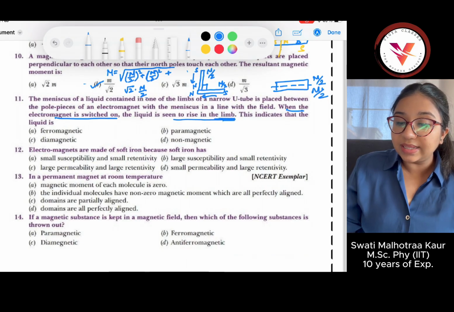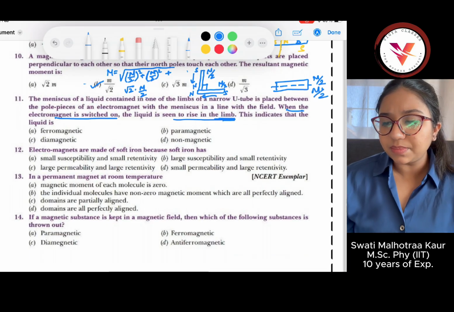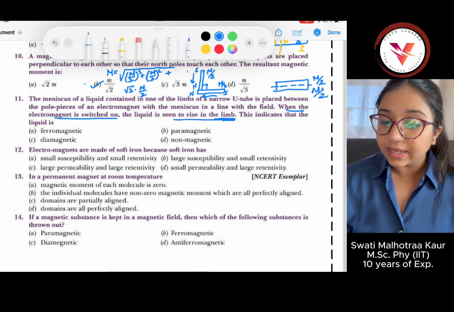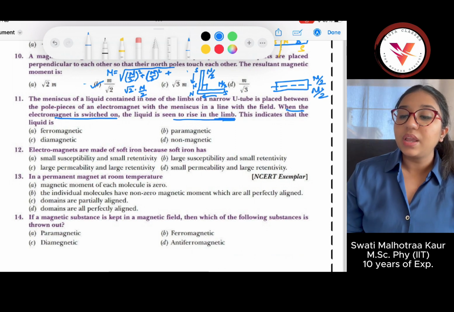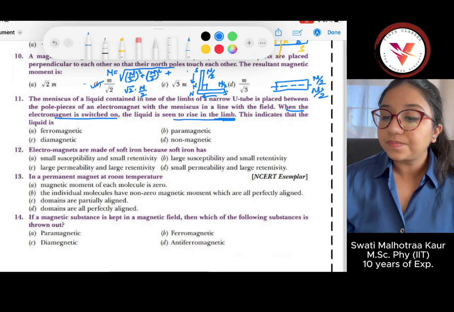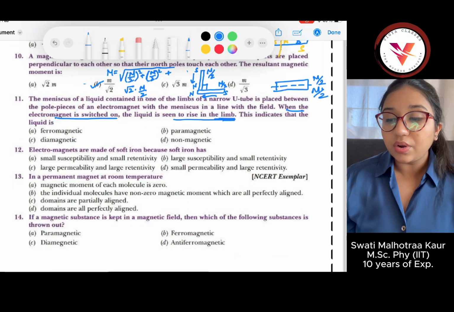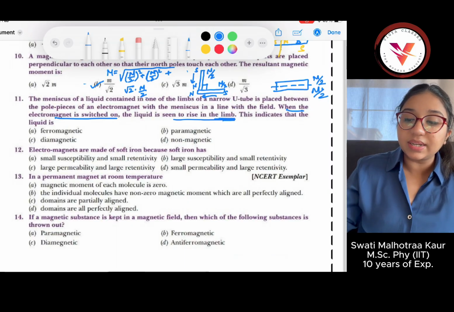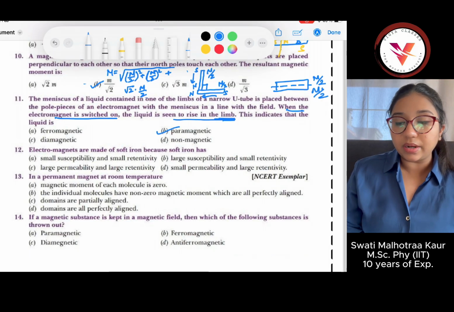If it is rising, it could be ferromagnetic or paramagnetic. If it seems to rise in the electromagnet, then it is a paramagnetic material.